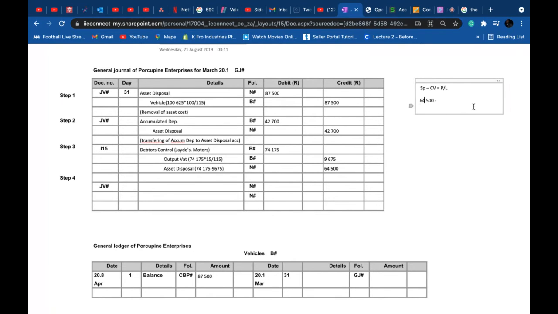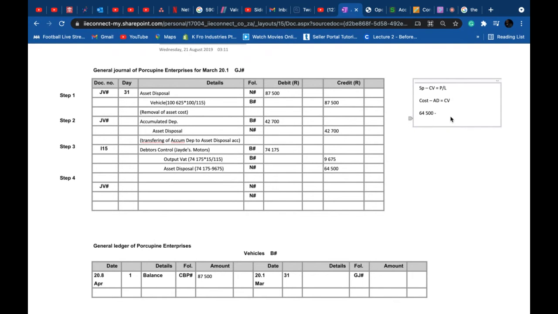Let me put it up here, nice and neat. So CV, carrying value, is equal to your cost, the price of the asset to us, how much we bought it for when we first got this asset, minus the accumulated depreciation, will give you your carrying value.